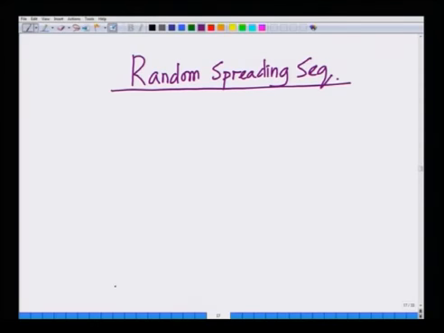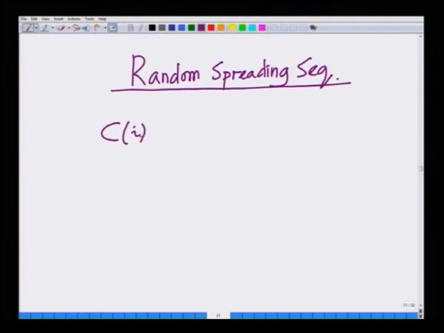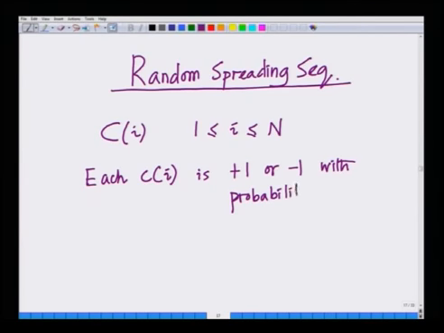Now, let me consider a random sequence Ci for 1 less than or equal to i less than or equal to n, that is I am considering a sequence of n such chips such that each Ci is plus 1 or minus 1 with probability half.